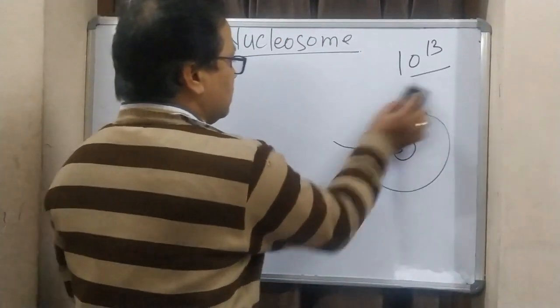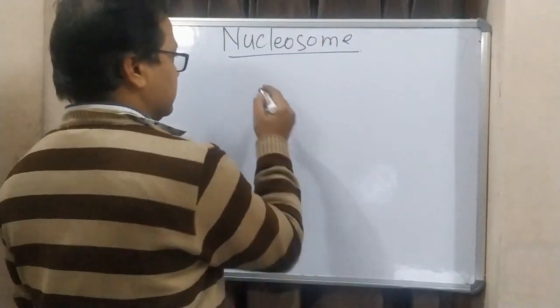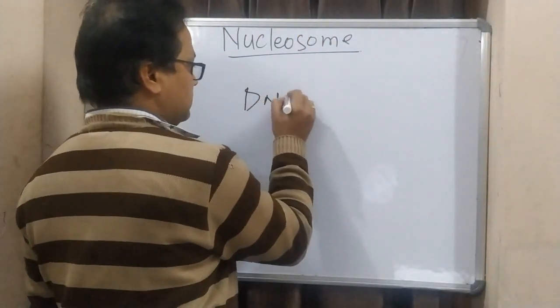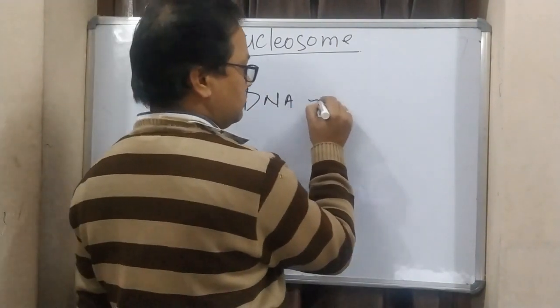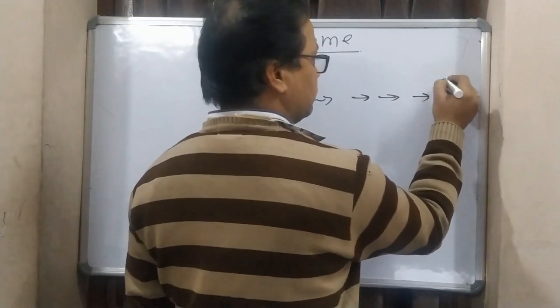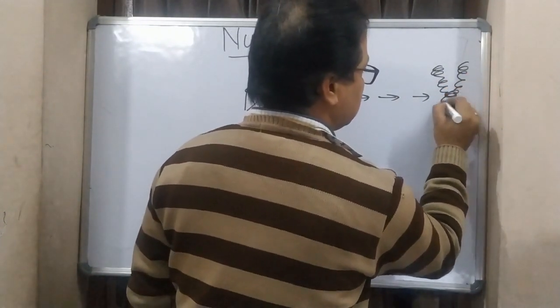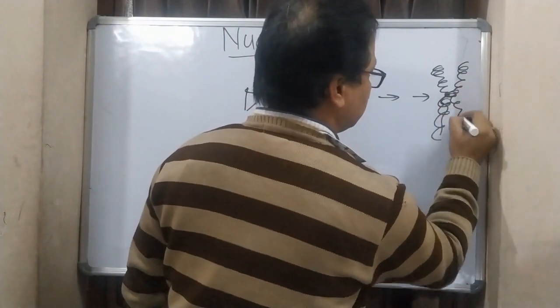In the nucleosome model, we have double-stranded DNA. Through different sequences of arrangement, this DNA ultimately forms a chromosome.